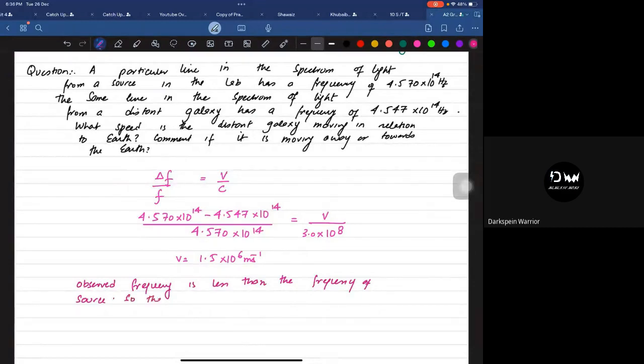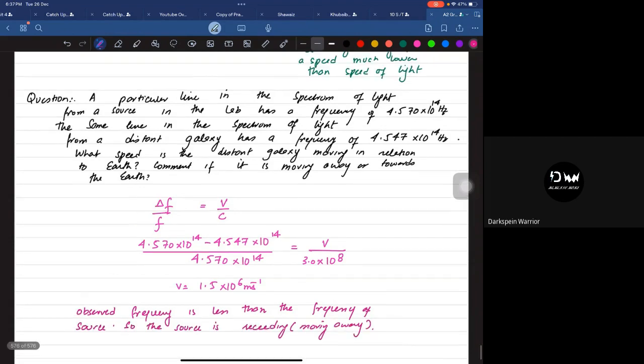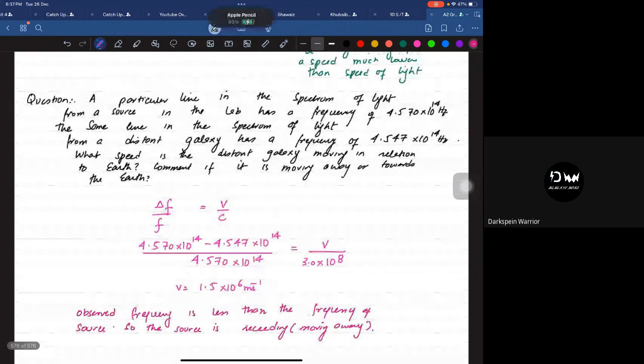So the source is receding, which basically means moving away. So it's pretty simple, this chapter, with the formulas as well. So you can remember that.